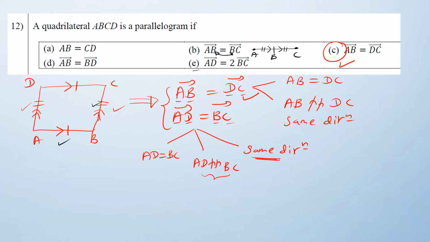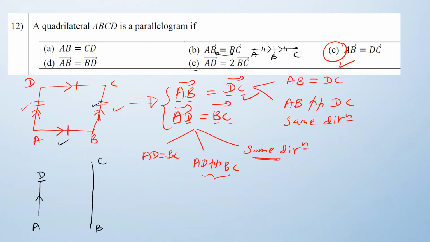Then what about E? AD equals 2BC. That means you will have something like this. For example, you will have several combinations for this property. I am considering this case. AD vector equals BC times 2.